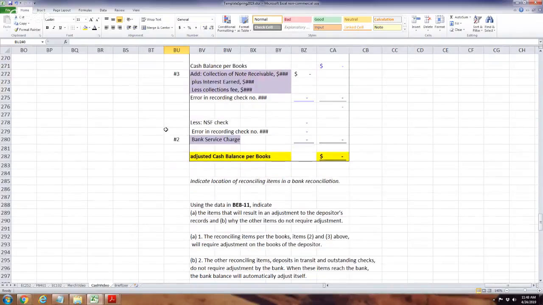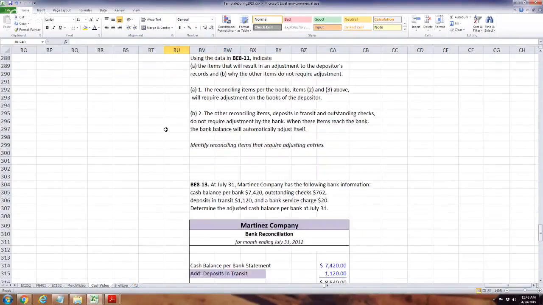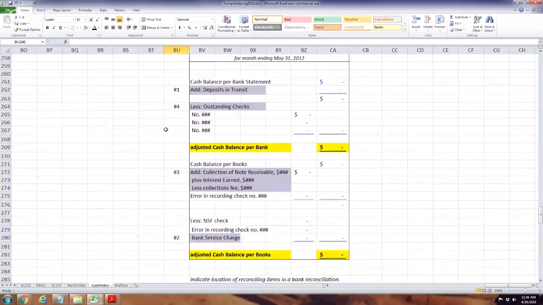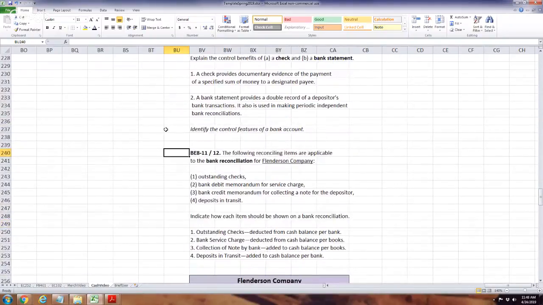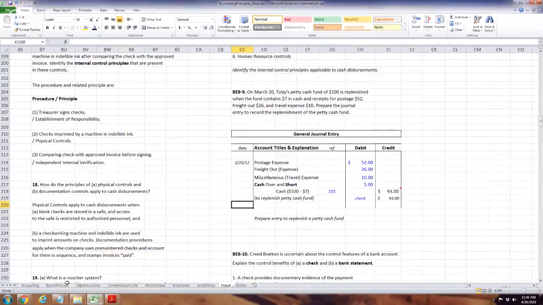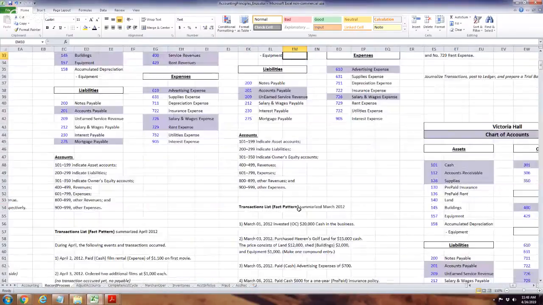11 and 12 is just a discussion as to the structure of what we're using here to reconcile our statements. This says Flenderson Company. There's a couple reconciling items, outstanding checks, different bank memorandum for service charge, and you've got to think like a. Actually, what we should do here with this one, and I'll get it from another source. Let's see, capital.